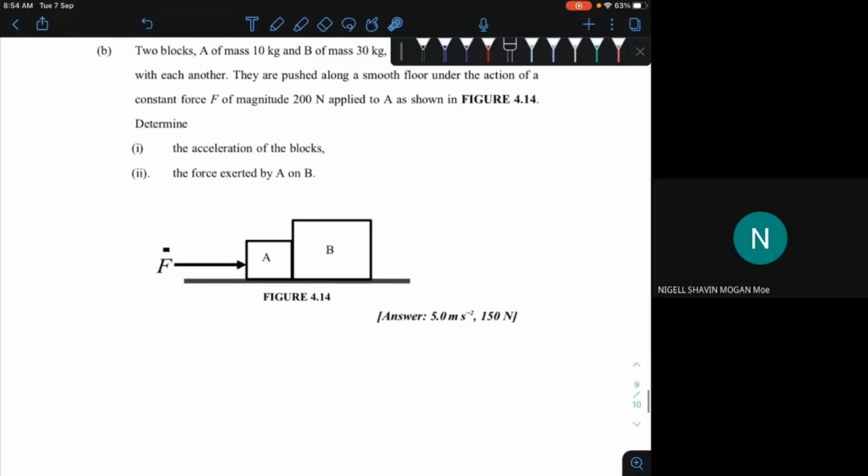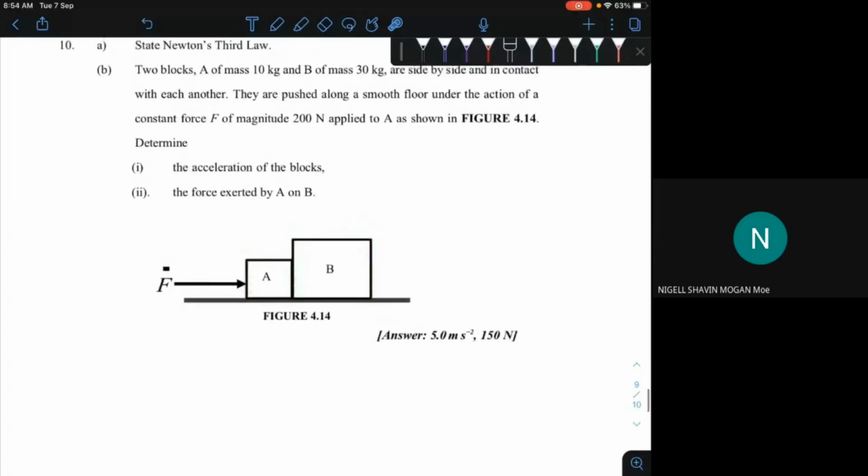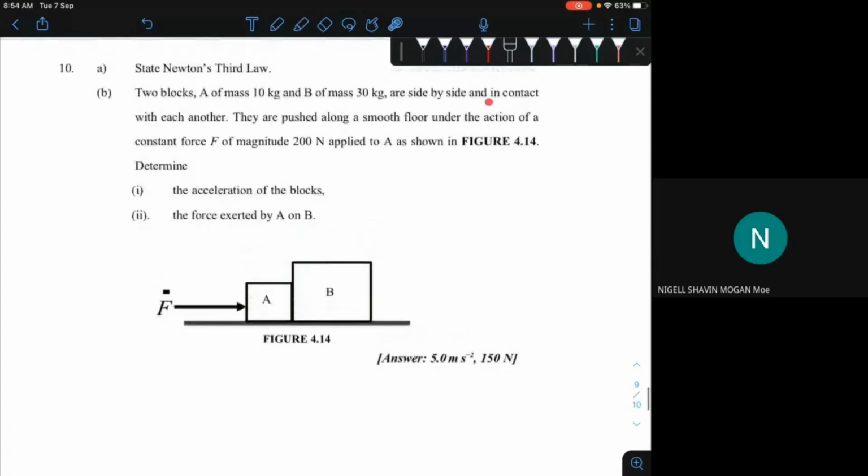Alright, kamu ada objek A and then kamu ada objek B. They are touching each other. They are in contact with each other. Maksudnya mereka bersentuhan, like literally touching. When you push this A, apa jadi kepada B ni?